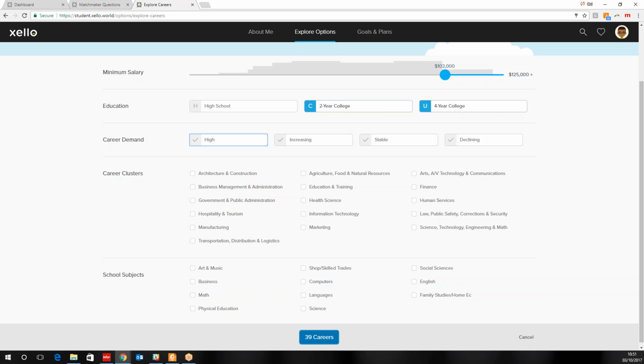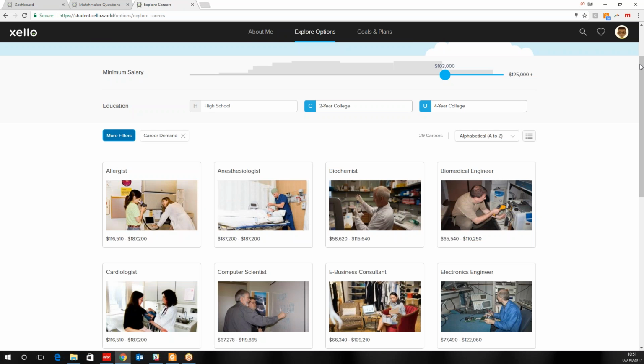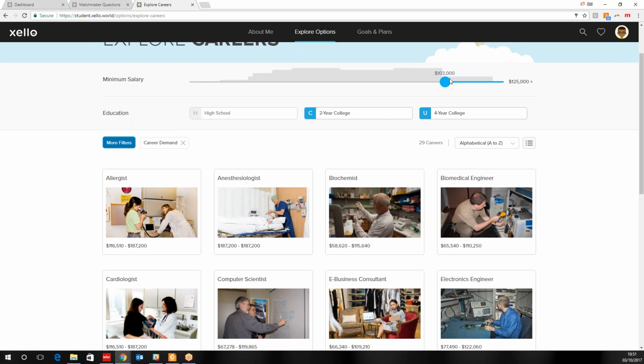The new thing that we've put on here, and it really starts to help them critically assess a career path, is by looking at the career demand. So I want to look at high and increasing demand. I've already started to filter out a lot of those careers. Pretty ambitious.